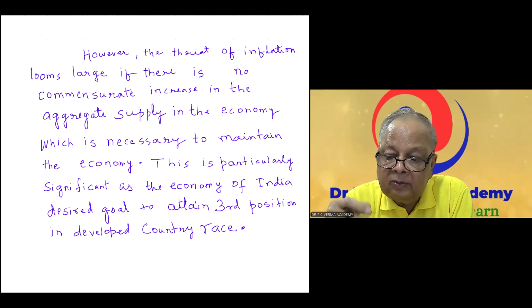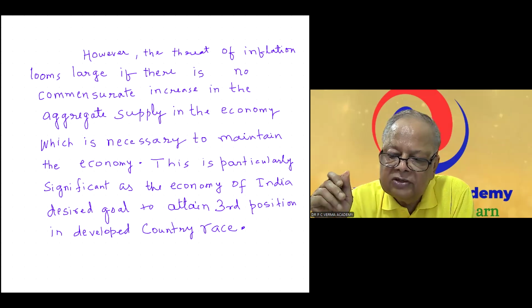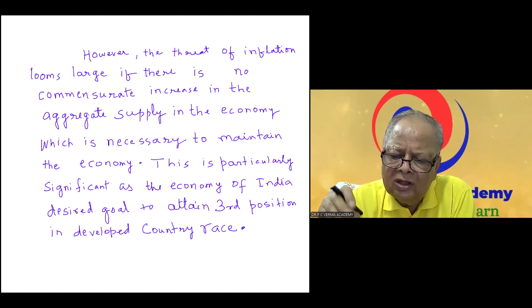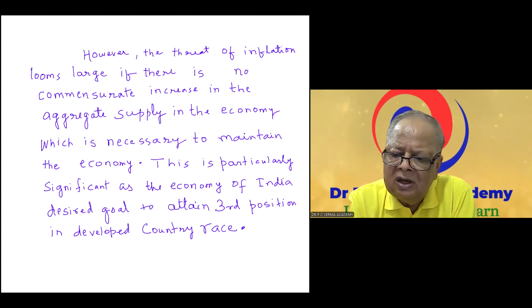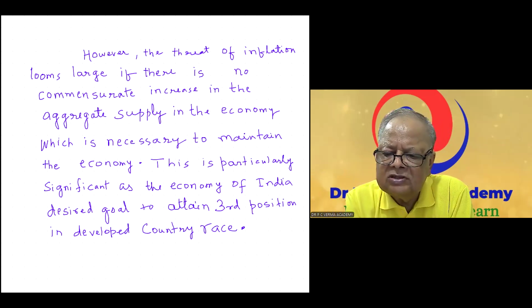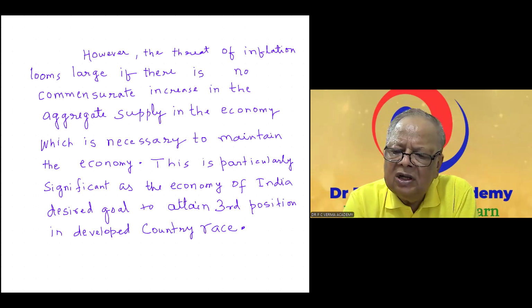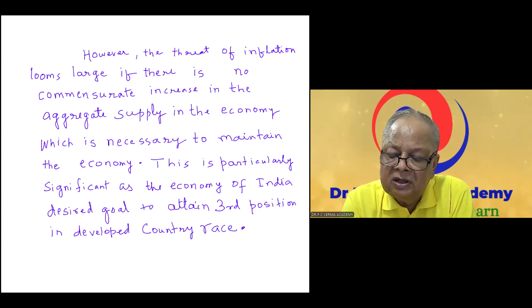If supply is more but demand is less, then it will lead to disinflation. So the economy is always following the vagaries of inflation and fluctuations and volatility in terms of deflation, depression. You have to make a balance and get an equilibrium.